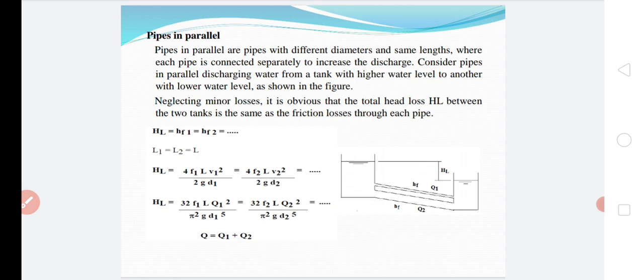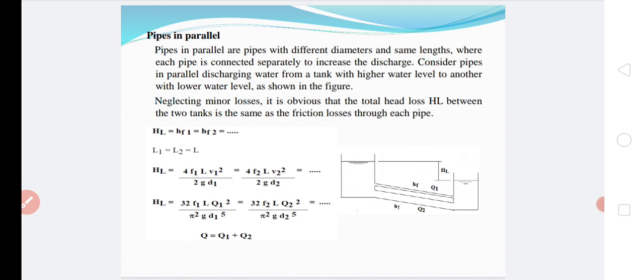So we can write HL equals 4f1L V1 square upon 2g D1 equals 4f2L V2 square upon 2g D2. So we can also write HL equals 32f1L, not L1, L, Q1 square by pi square g D1 to the power 5 equals 32f2L Q2 square by pi square g D2 to the power 5. That is the different discharge because of the different diameters.